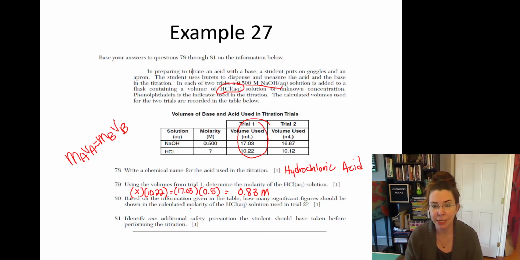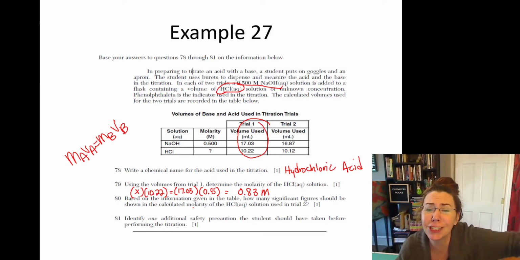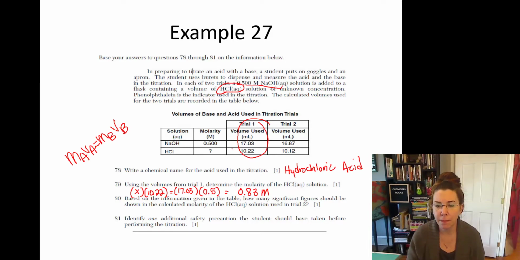Let's look at the next part. Based on the information given in the table, how many significant figures should be shown in the calculated molarity of the hydrochloric acid solution shown in trial 2? Oh my God, this is a throwback question. Okay, so we are multiplying. And let's see, what have we got? Well, trial 2.